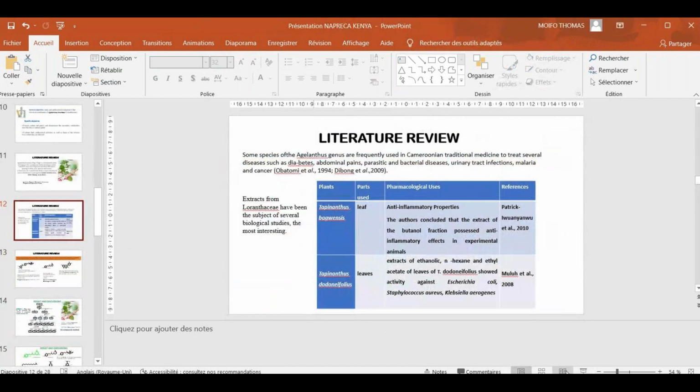So I was trying to say that the antibacterial potential of some species of Loranthaceae has been demonstrated in the literature. That was one of our best motivations in our study. From some species, chemical compounds were isolated. As you can see, we have just illustrated three of those compounds: two pyrroles and one flavonoid.